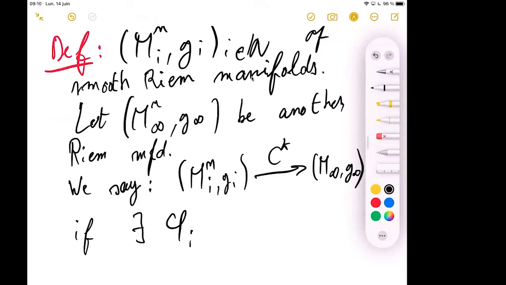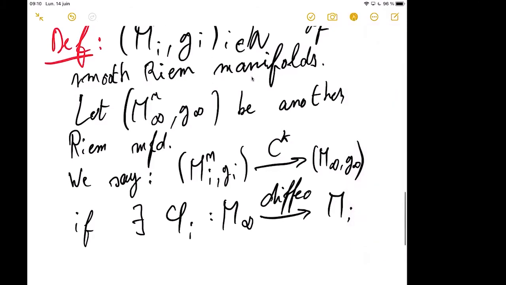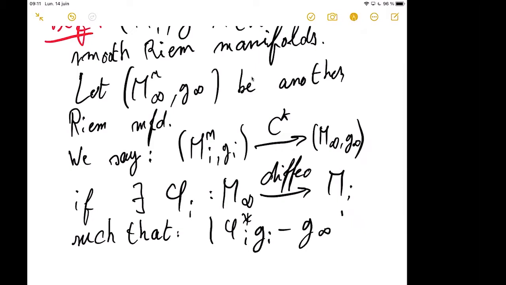there exist some diffeomorphisms phi_i from M_infinity to M_i, such that if I take the pullback of g_i, that's a metric on M_infinity. So this is a tensor which lives on a fixed manifold, which is M_infinity.